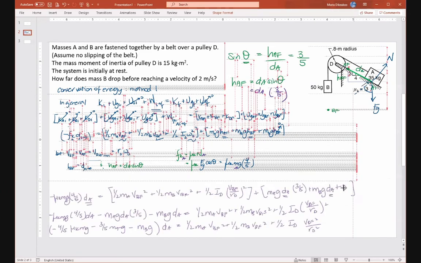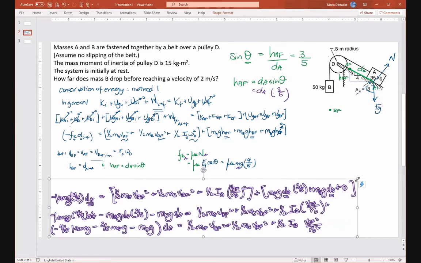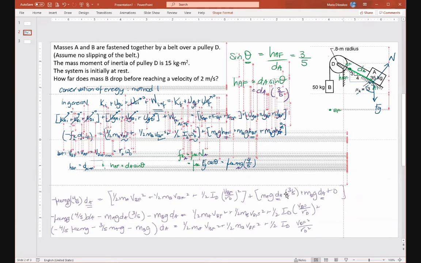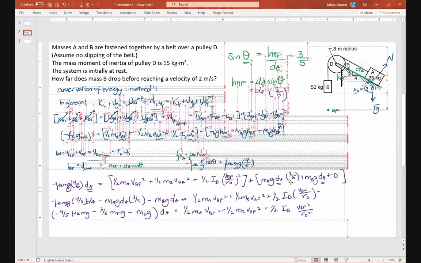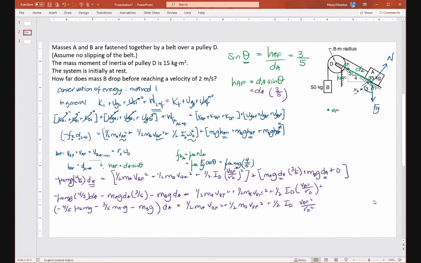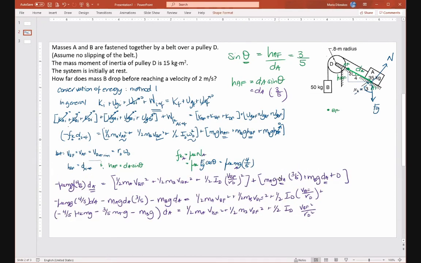So what is our next step? Plug in your numbers for everything here. What is this first bracket equal to? If you plug in your numbers, you have everything. You have the masses, you have mu k, you know what G is.